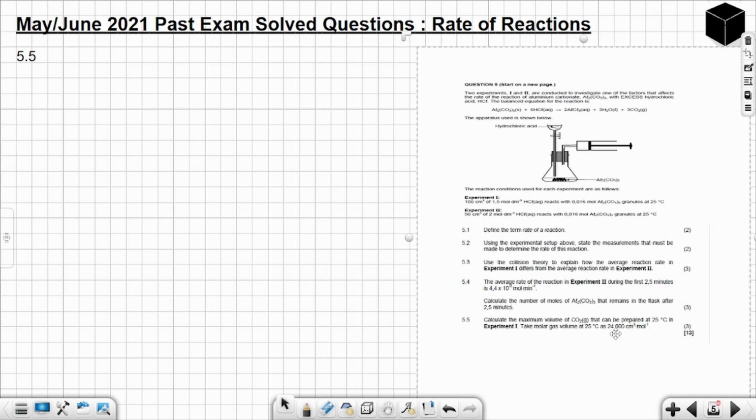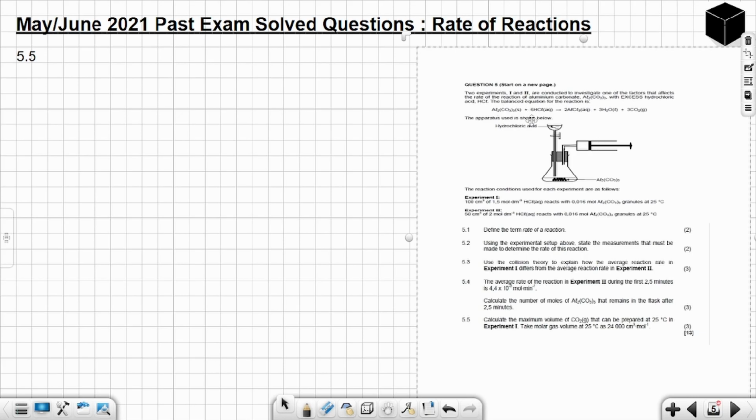Can you see that? So we need to find what? The maximum volume of the carbon dioxide that can be prepared or that can be collected in the gas syringe. Do you understand that we can't use hydrochloric acid because it is in excess? We can't use it to determine the volume of the produced carbon dioxide.